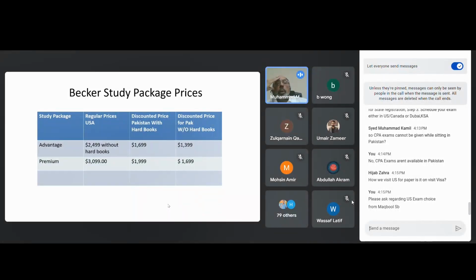For the Premium package, compared to the US without the books, there's a $1,100 lower price for Pakistan. And the Premium package is $3,099 with the hard book in the US, and the same with the hard book is $1,999 for Pakistan, so you also have a $2,100 reduction there.